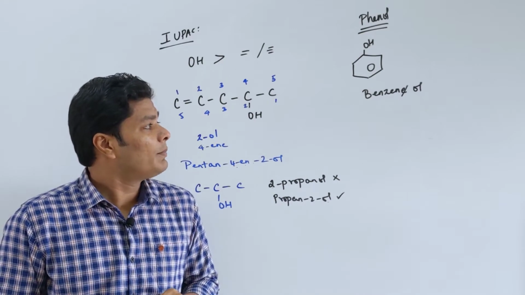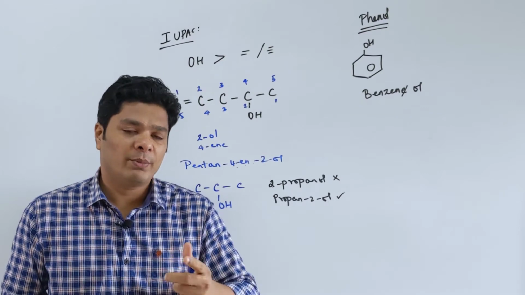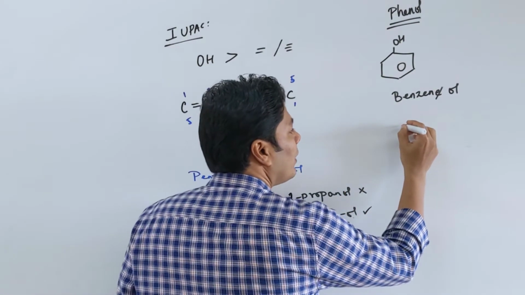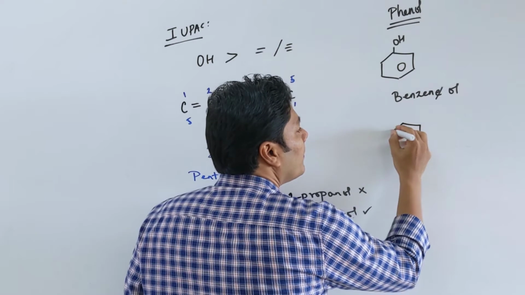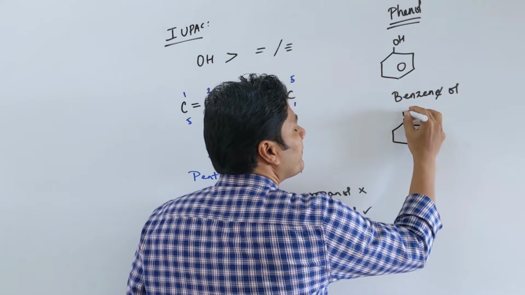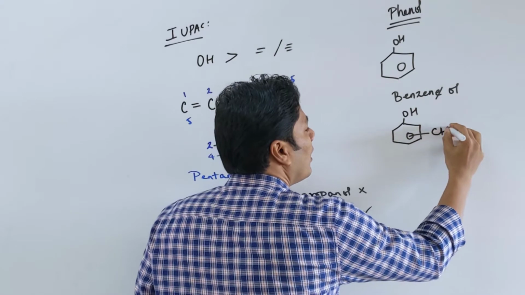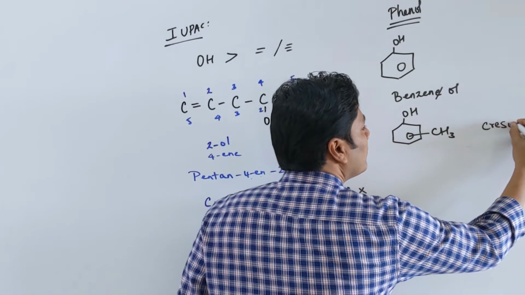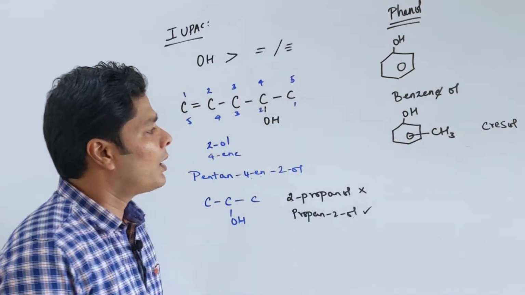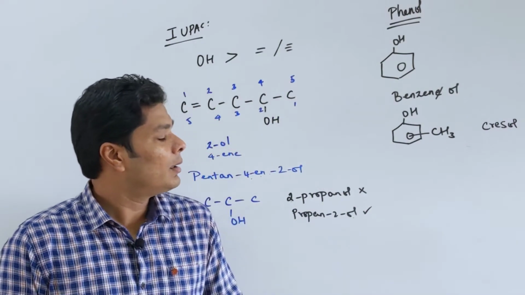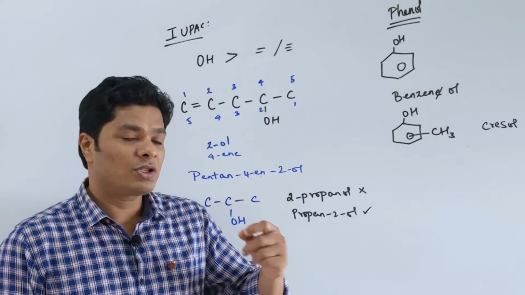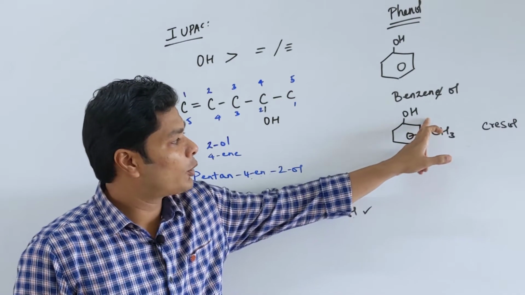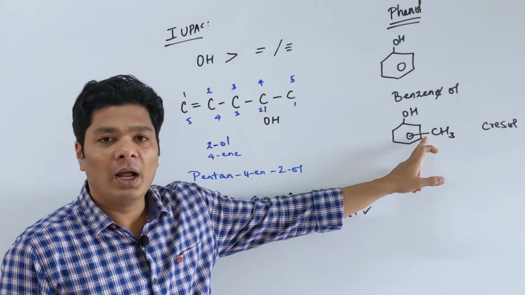Now when it comes to phenol, there are a few compounds that you have to remember. First one is substituted phenol. When a methyl group is attached, this is called a cresol. Obviously we can have the methyl group in three different possible positions: here, here or here. So the common names would be orthocresol, metacresol and paracresol.